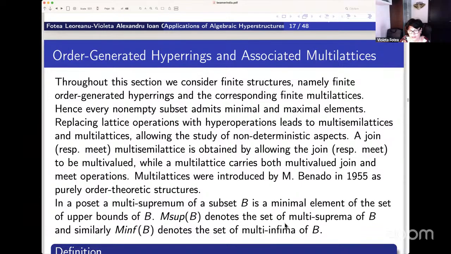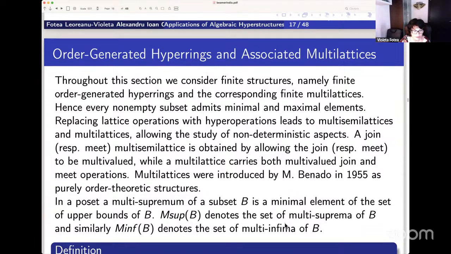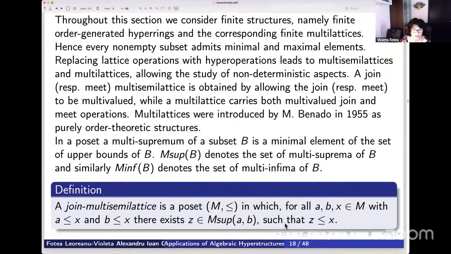And similarly, we have maximal lower bounds of B. So we have here sets, not just supremum and infimum.